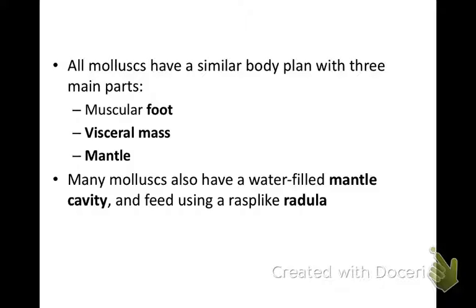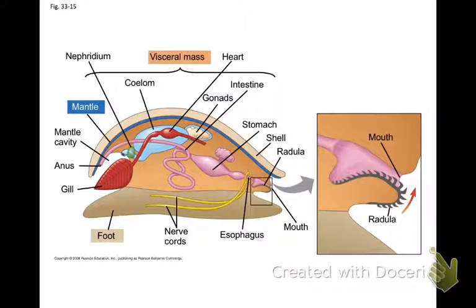And so the visceral mass is found inside that mantle cavity. And the mollusks feed using a rasp-like radula, which is found at the mouth, and this radula will scrape materials off of substrate and pass it into the mouth.